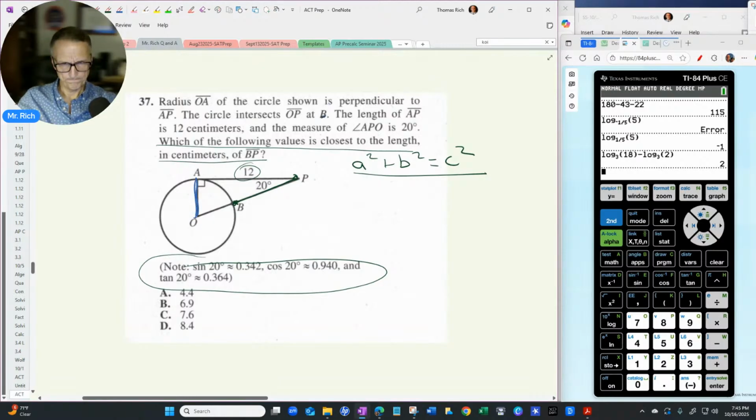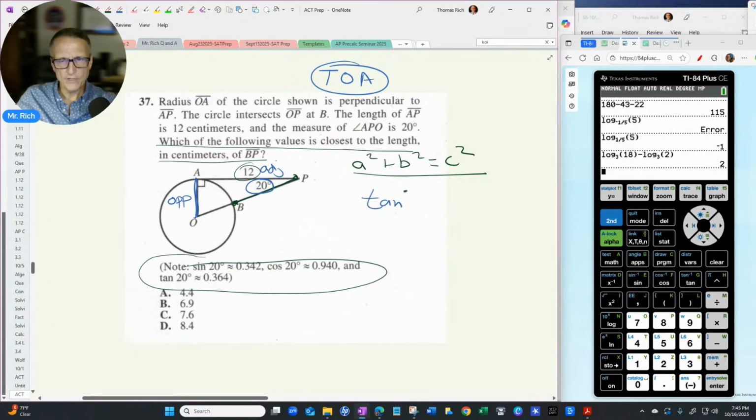So I will then say, okay, the angle that I know, 20, that side is the opposite side. That side is the adjacent side. That means that I would be using the tangent function because in SOHCAHTOA, TOA, tangent is opposite over adjacent. So what you do when you're using one of these trig functions is you write the formula down.